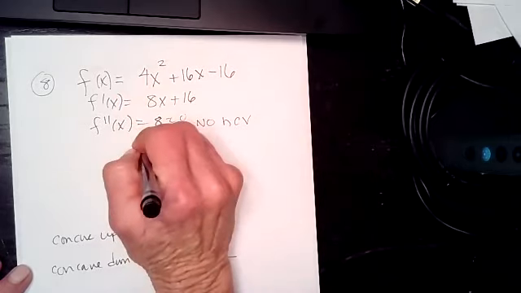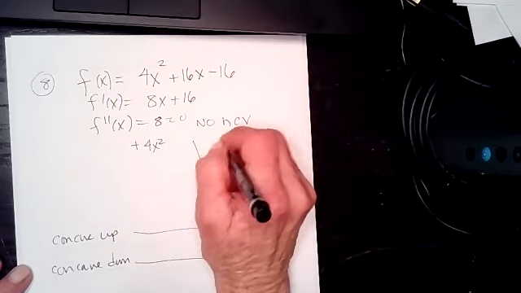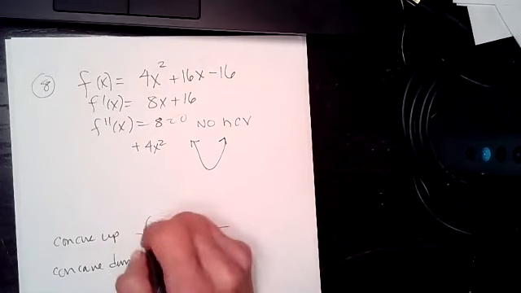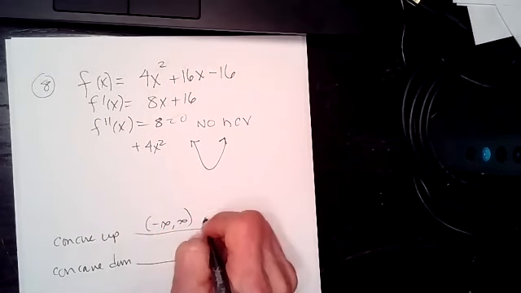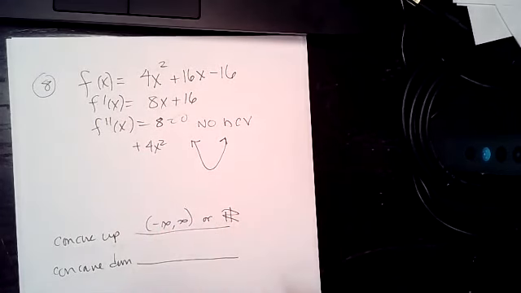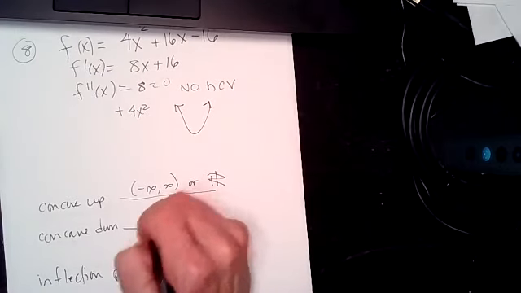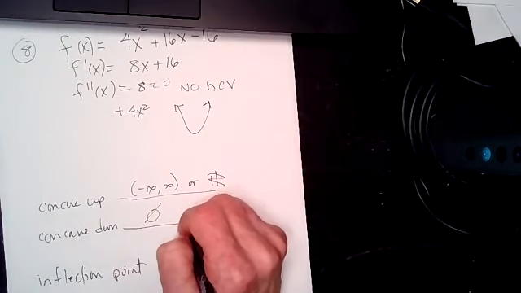But positive 4 looks like this, right? It's always positive, so it's always concave up. Or you could put all real numbers. Where is it concave down? Never. So there or none, whatever.